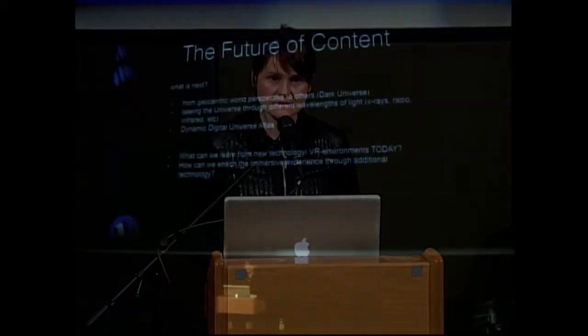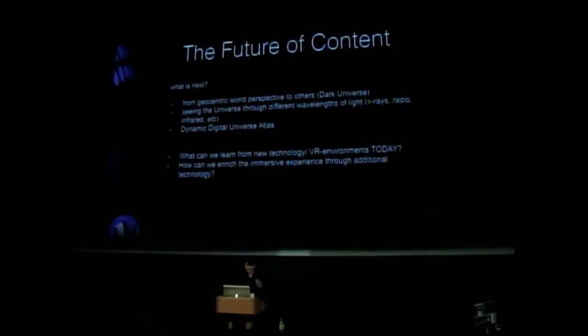And so I would like you to think, what will be the next thing, content-wise? Will it be that we need different perspectives? So not the geocentric one, not from Earth's sphere, but from other locations in the universe that will change our whole model? Will it be to see this 3D digital universe model through different channels, wavelengths like X-ray, radio, infrared?